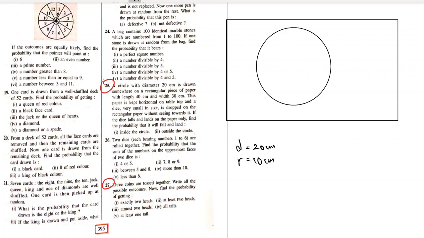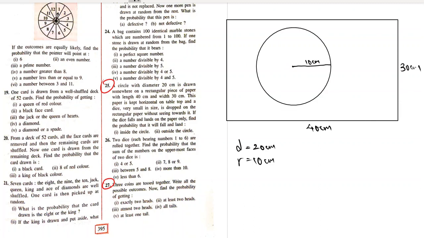So we have a rectangular piece of paper on which we have drawn a circle. The length of rectangle is 40 centimeter and the breadth is 30 centimeter. And here, if you draw a radius, it is 10 centimeter. So everything is clear.